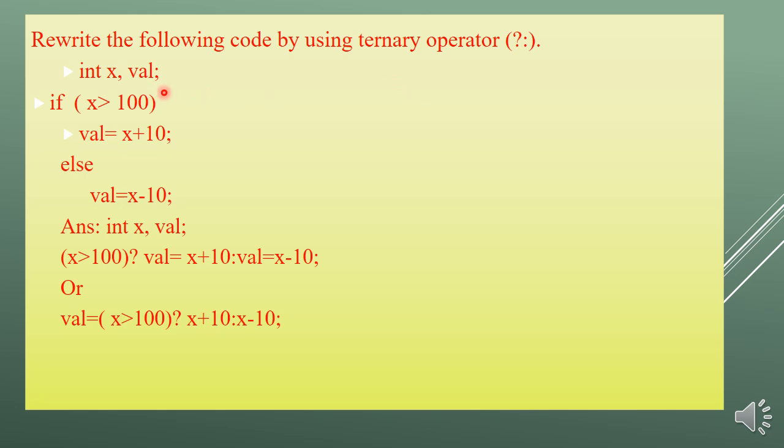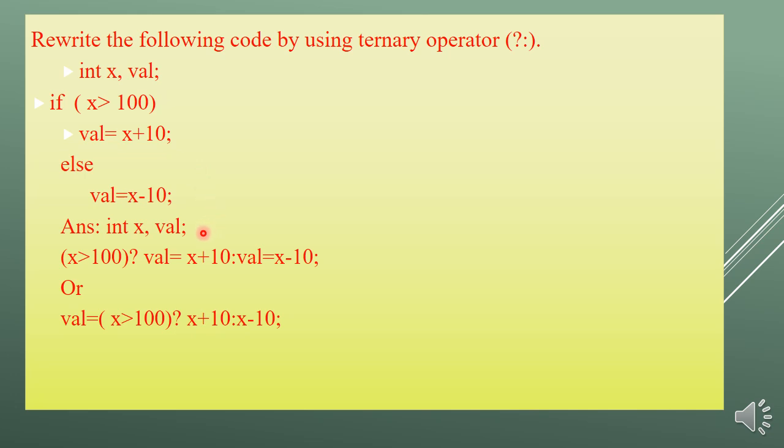Here, the code is written by using if-else statement. Int x, comma var. There are two variables x and var of int type. If x greater than 100, var equals x plus 10. Else var equals x minus 10. Then, how do we convert this statement by using ternary operator? Listen here.